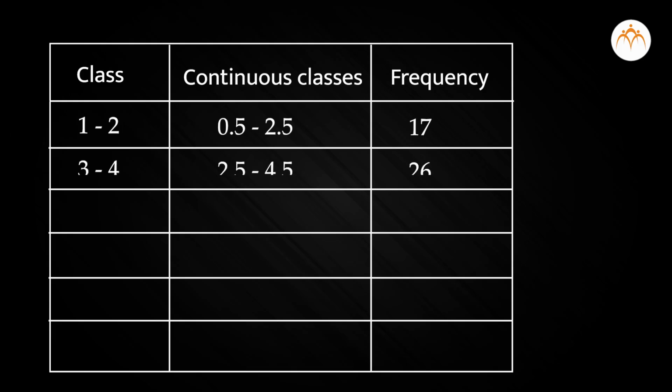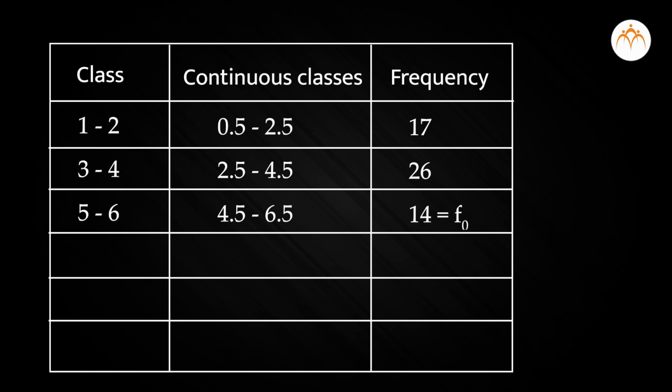For class 3 to 4, continuous class is 2.5 to 4.5 and the frequency is 26. For class 5 to 6, continuous class is 4.5 to 6.5 and the frequency is 14.